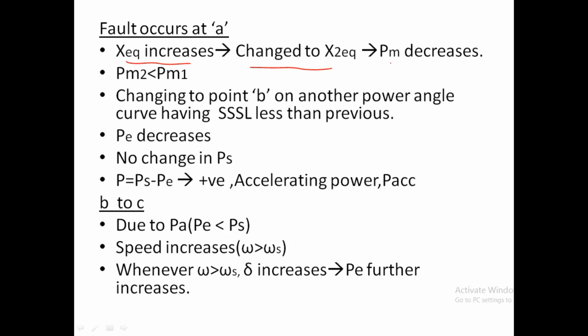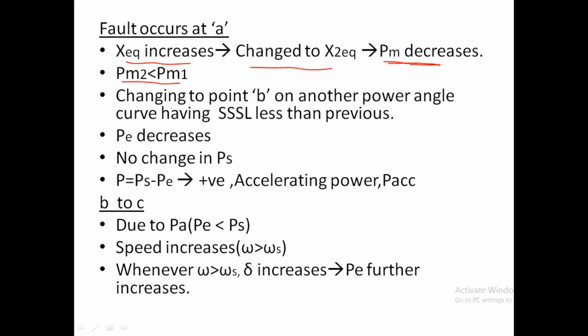If the equivalent reactance increases, the maximum power Pmax will decrease, because PM is EV by X equivalent. X equivalent is in the denominator, therefore maximum power decreases. That means during the fault, maximum power PM2 will be less than PM1. So that curve has a maximum power which is less than the previous case.